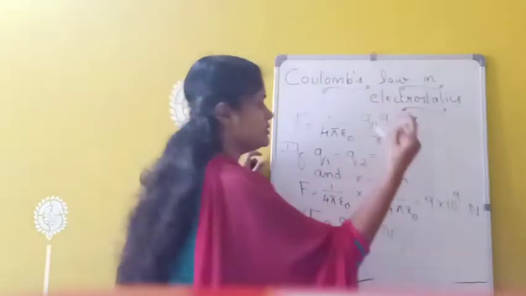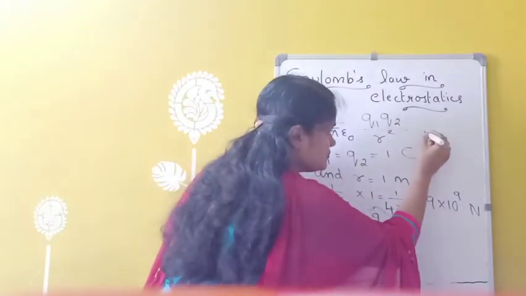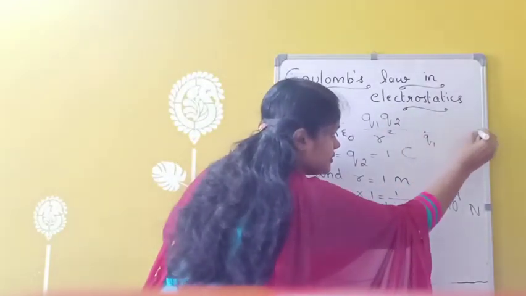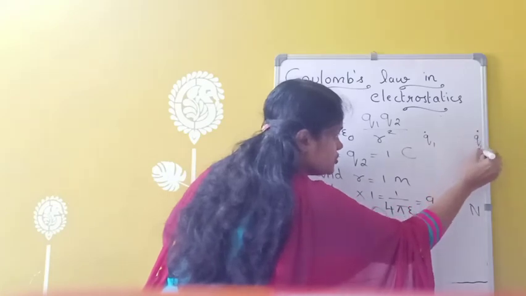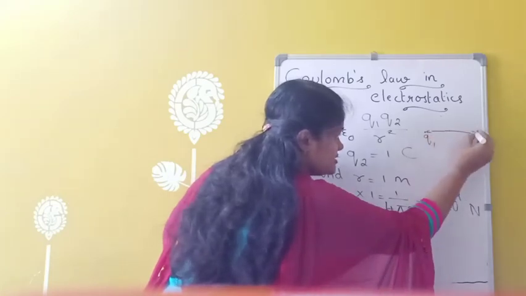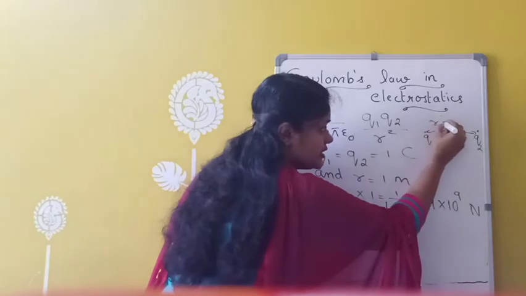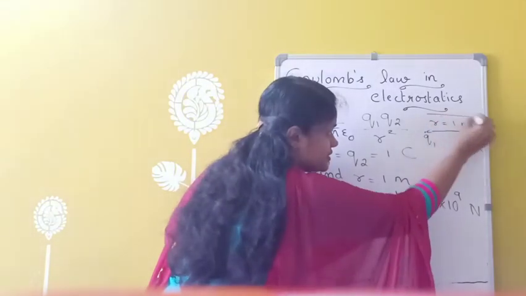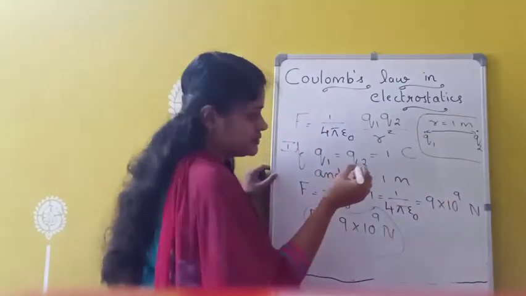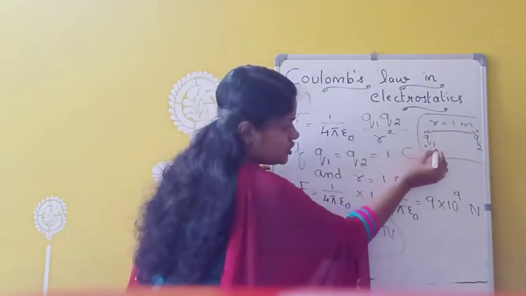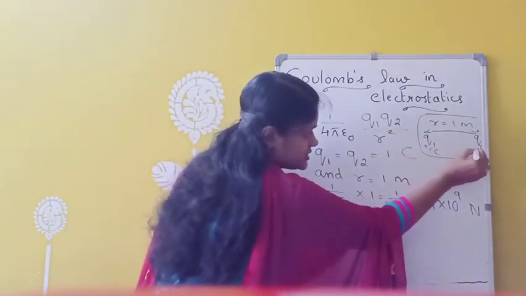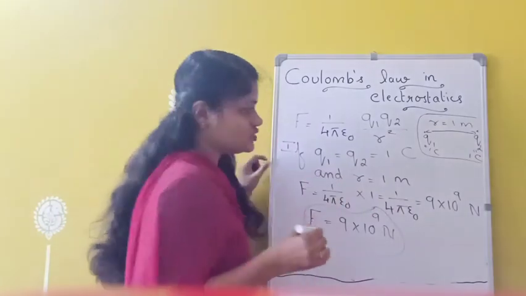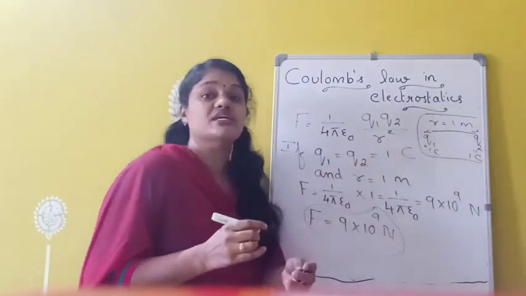See here. So I am taking two charges, Q1 and Q2, and the distance between these two charges I am taking as R equals 1 meter. Distance is 1 meter and each charge is how much? 1 coulomb. Okay, so from here I am defining what is 1 coulomb.